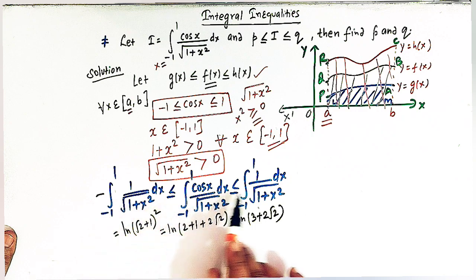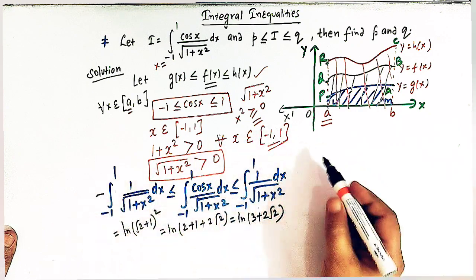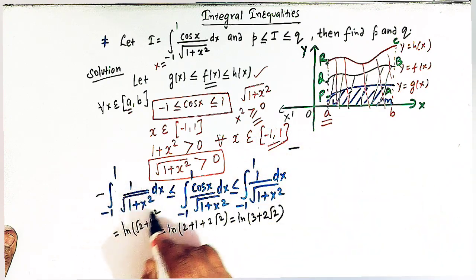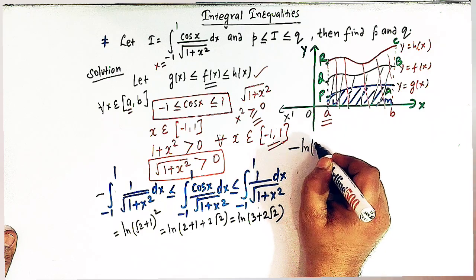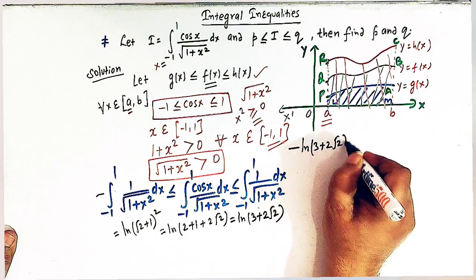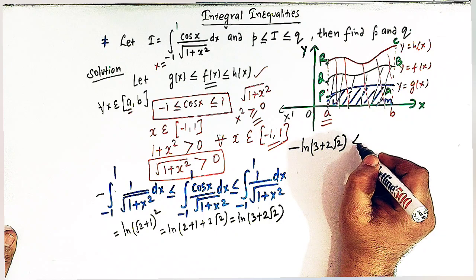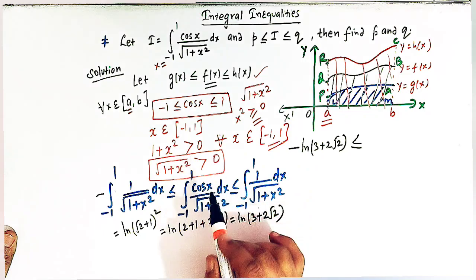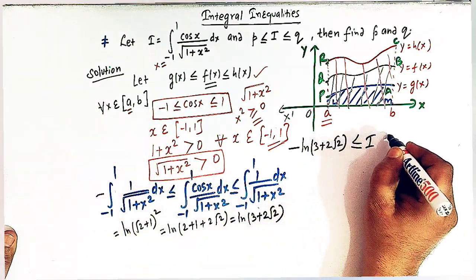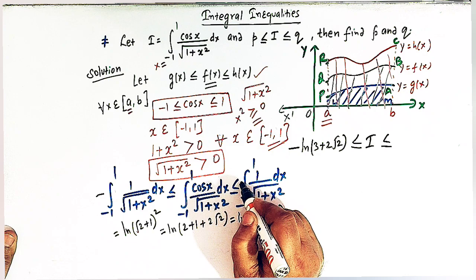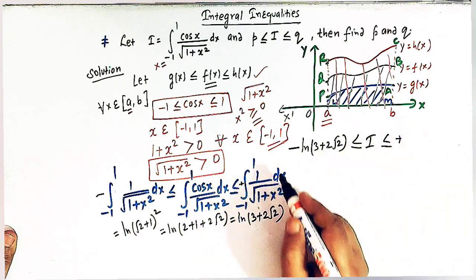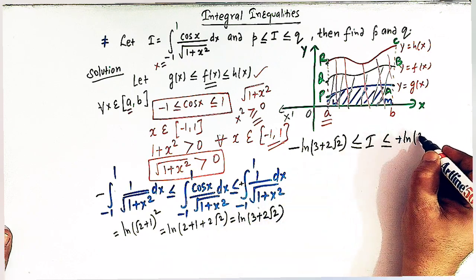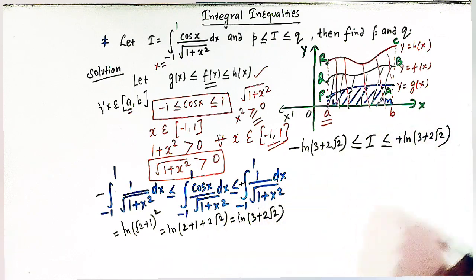So now this inequality takes the form: negative log of 3 plus 2 times square root of 2 is less than or equal to I, which is our integral, which is less than or equal to the positive value, log of 3 plus 2 times the square root of 2.